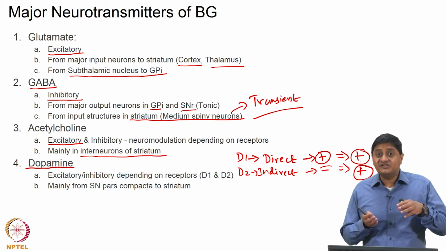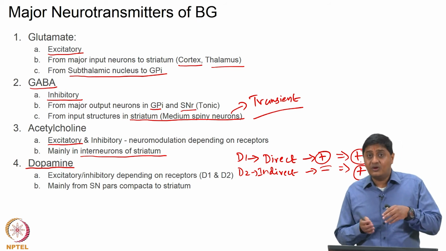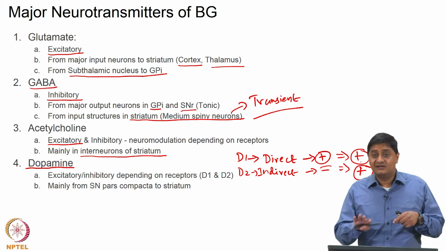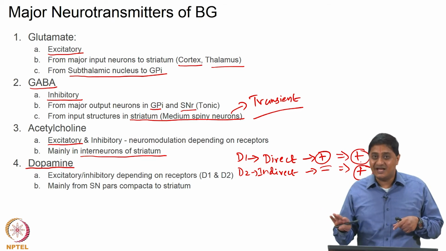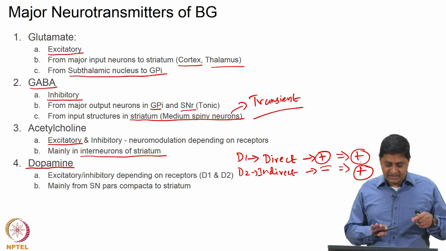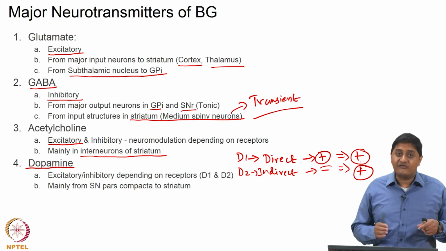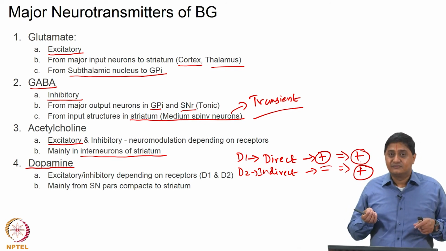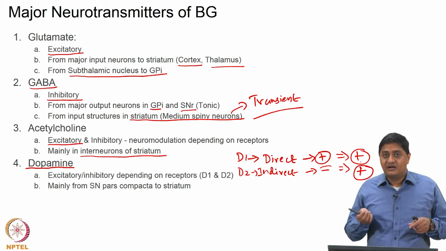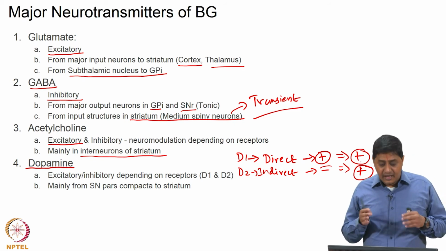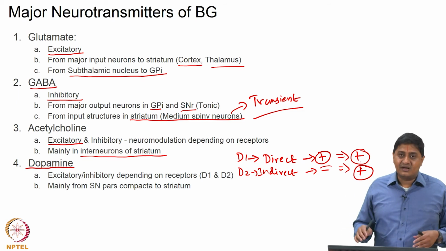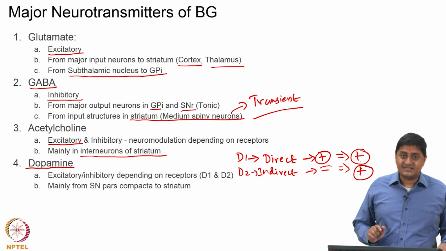Essentially, acetylcholine performs the role of inhibiting the net output of the basal ganglia, whereas dopamine performs the function of exciting the level of output of the basal ganglia. The details are left, but at least for the purpose of this class, this much is sufficient.